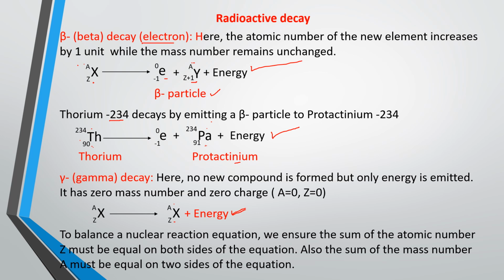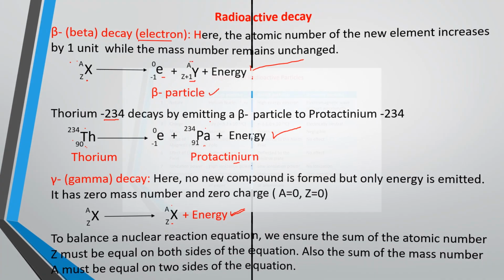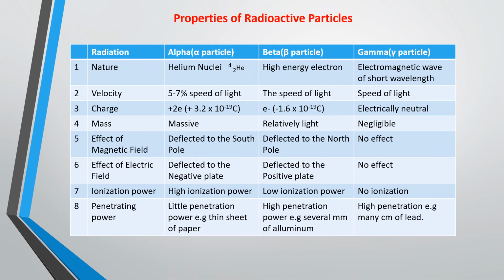Okay, so we have now looked at different types of decay. So we'll look at the properties of radioactive particles. What I've done is I try to put them on a table for your easy understanding.